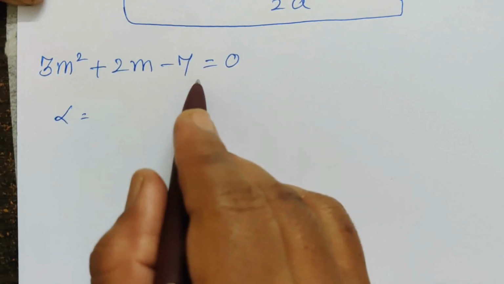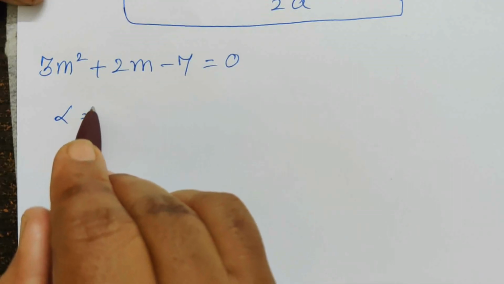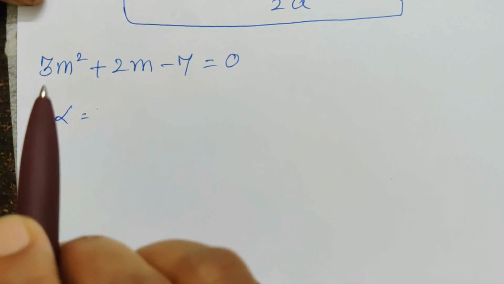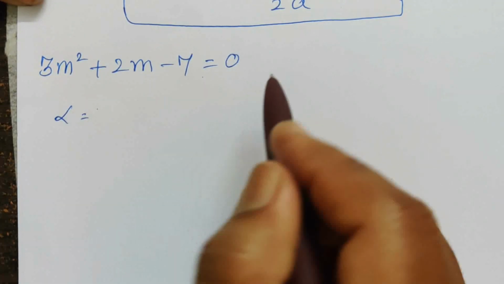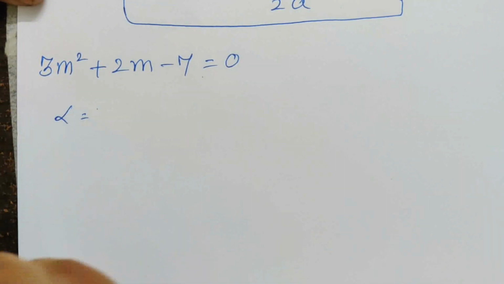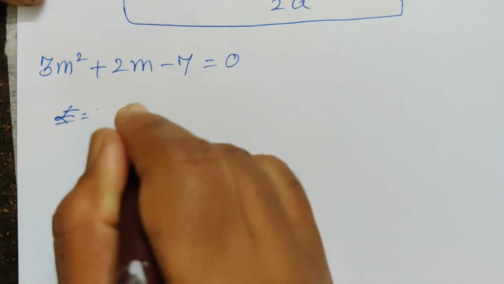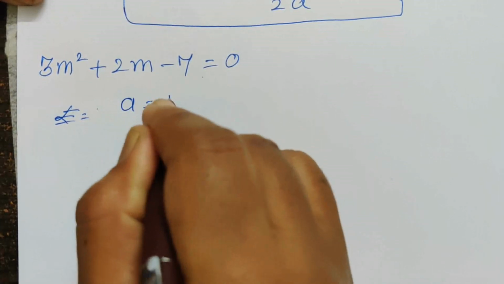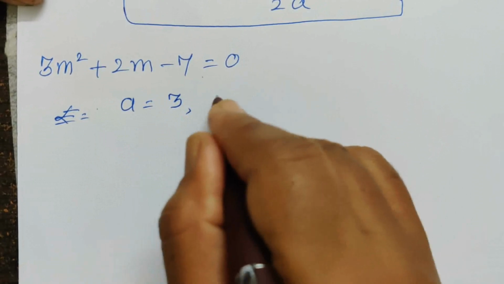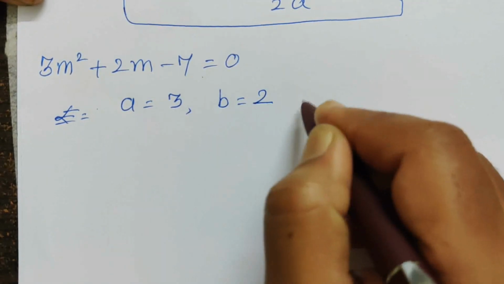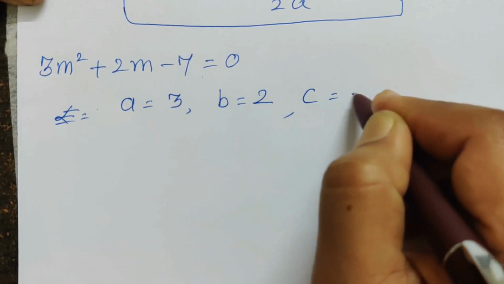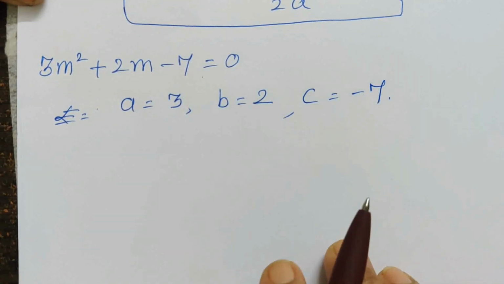After the example you will compare the equation with the standard form and take the values. So first we will write a is equal to 3, b is equal to 2 and c is equal to minus 7.